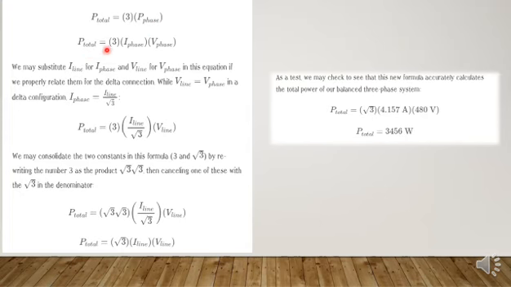The P total is equals to 3 kasi nga yung P is equals to IV, so substitute natin yan, I phase and V phase. And so we may substitute line current for phase current and line voltage for phase voltage in this equation if we properly relate them for the delta connection, while the line voltage is equals to the phase voltage in a delta configuration. So ito yung itsura niya.